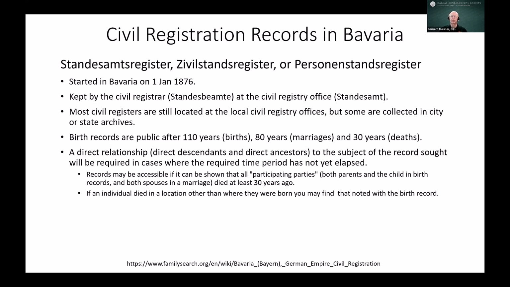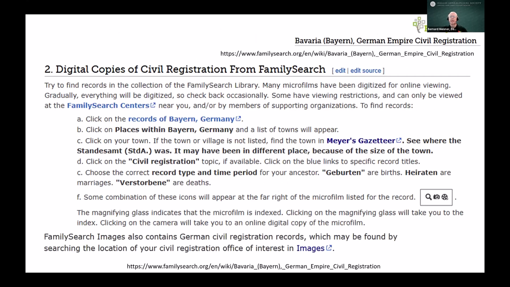If you can prove that everybody is dead, then you can actually get some additional records. And if you look on the FamilySearch Wiki, it will tell you on the page for civil registration. And again, these are all on the handout as well. It gives you an idea to look and see where you might find them.